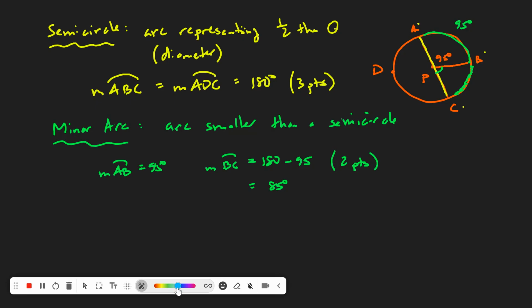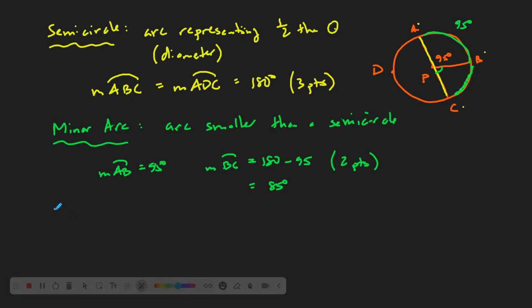Okay, and then the last type of arc we're going to talk about is a major arc. A major arc is an arc larger than a semicircle. So in this picture there are a couple, right?